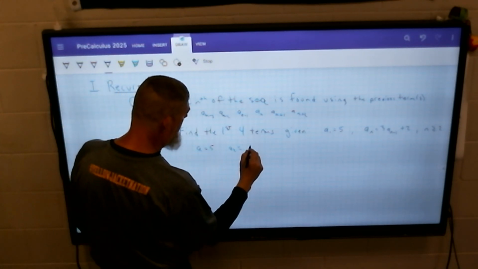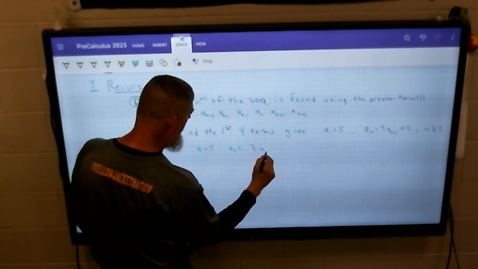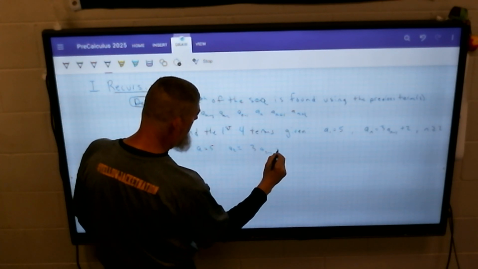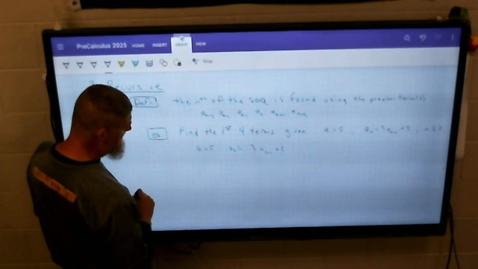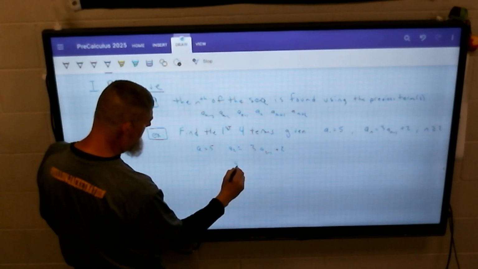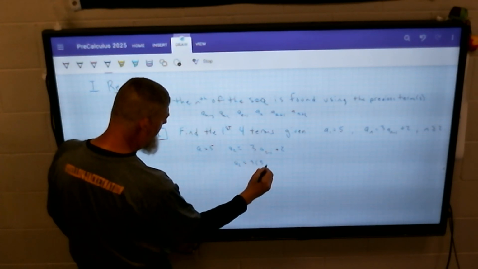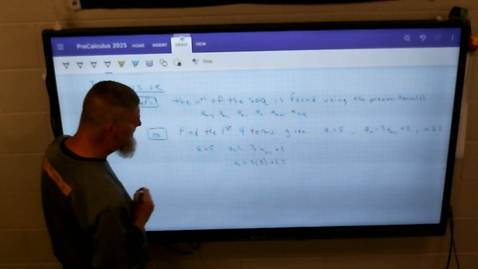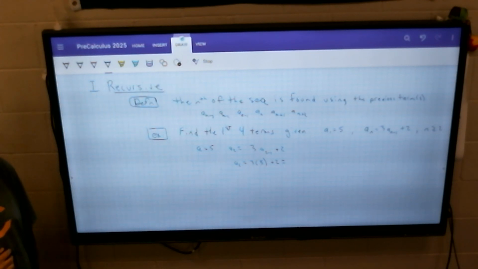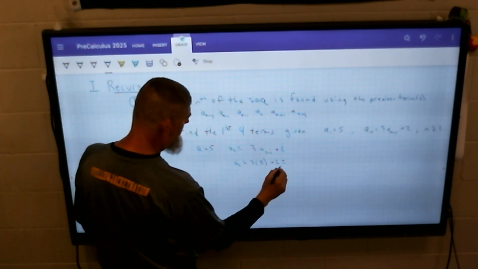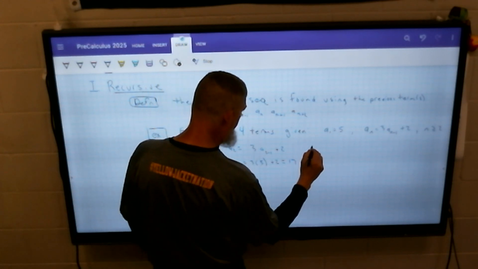So if we write this out, a sub 2 is going to equal 3 times a of 2 minus 1 plus 2. So we have the second term is going to be equal to 3 times the first term, which is 5, plus 2. So my value is 15 plus 2 is 17. So how would I find a sub 3?